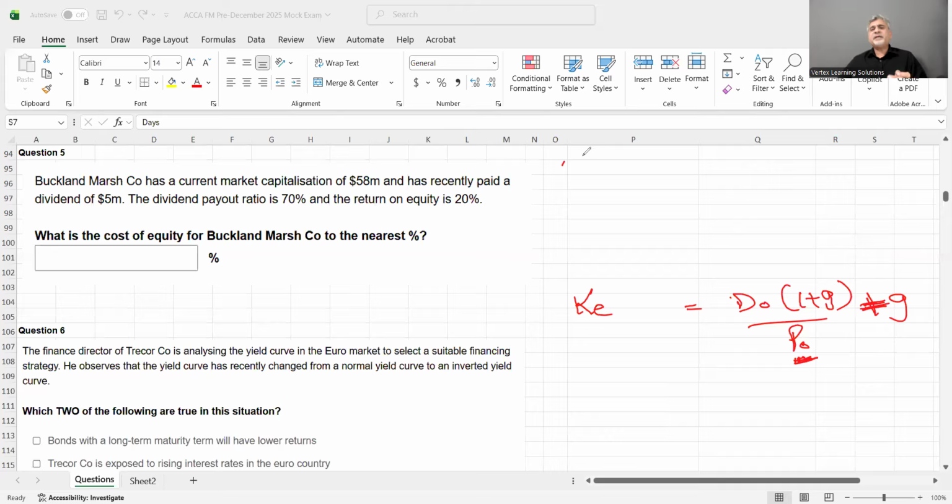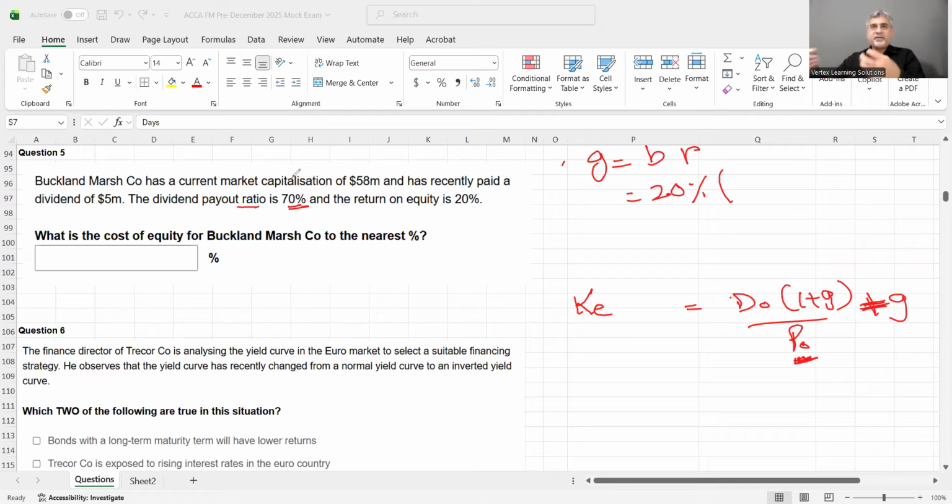In this particular case, I will be using the Gordon growth model, which says G is equal to BR, where B is the return on equity and R is the retained earning. Okay. So I know that the return is 20%. Whatever they invest, they can get 20% on that. And how much do they invest? Their dividend payout ratio is 70%.